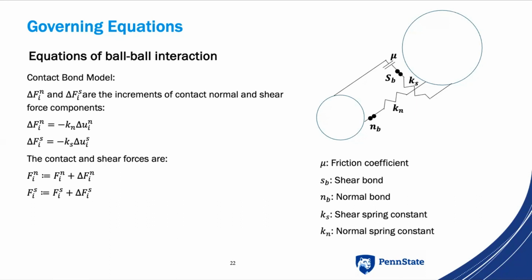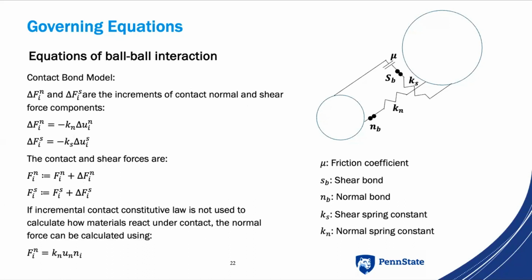So at the contact point, the behavior is primarily elastic unless the tensile normal forces and the shear forces exceed bond strengths for normal and shear stresses. Consequently, the increment of contact normal and shear force components are updated as follows. Furthermore, the overall contact shear forces are updated as follows.